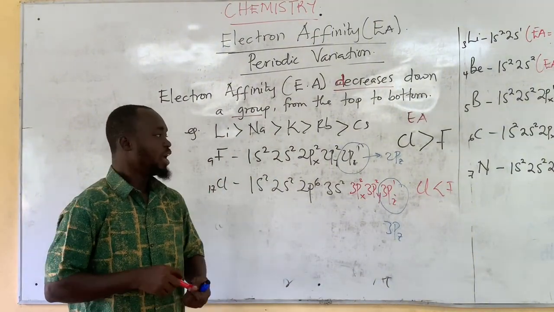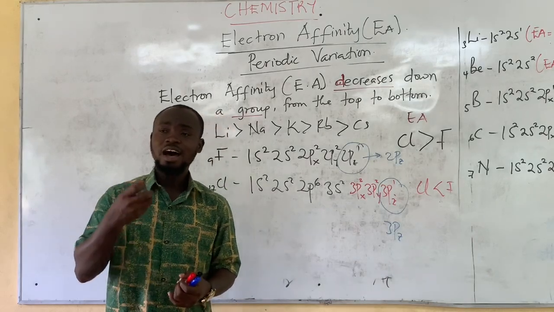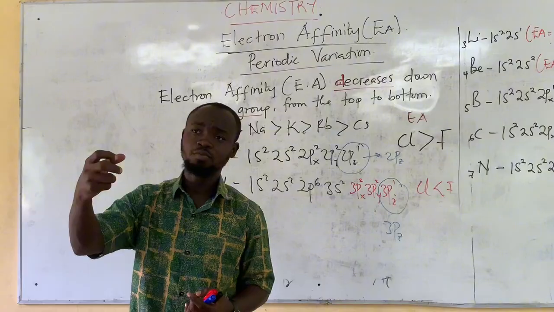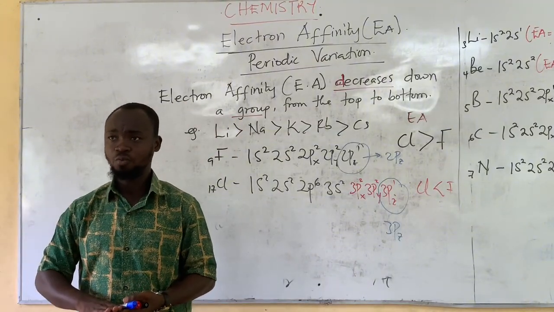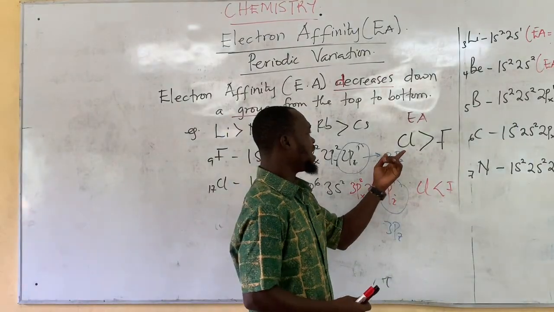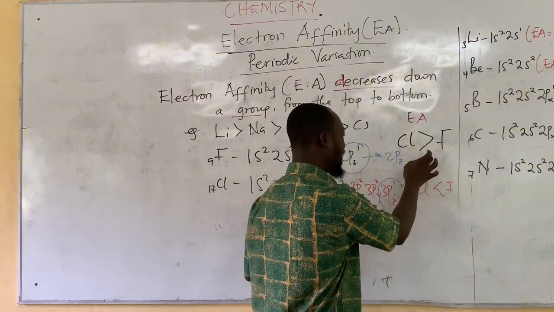Is that okay? And once the electron repulsion is very high, it means that the attraction that is going to help the added electron to be accommodated becomes very low. Is that okay?